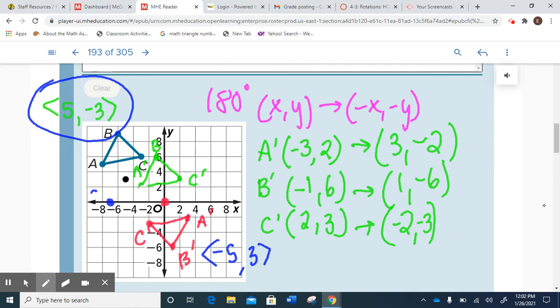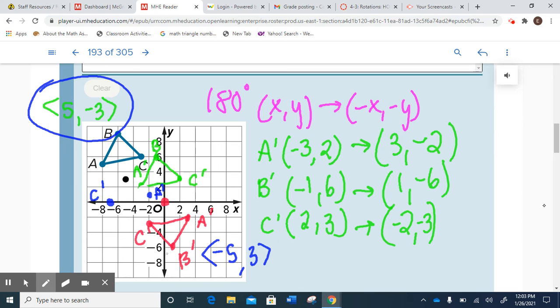So there is hopefully my final C, and we'll look at it when it's all said and done. I'm going to do A next. I'm going to go 5. So 1, 3, 4, 5, and up 3. Just be very careful when you draw these out.